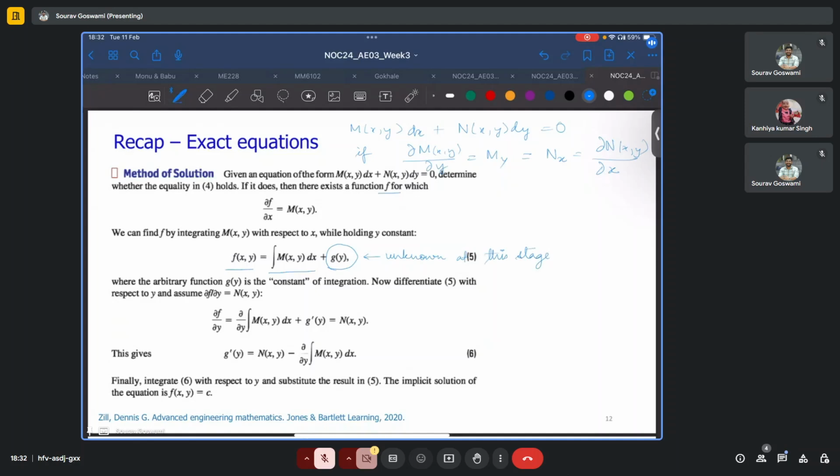Here it is simply referred to as the constant of integration because we are integrating with respect to the variable x.